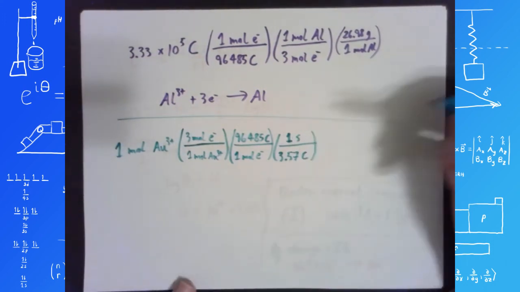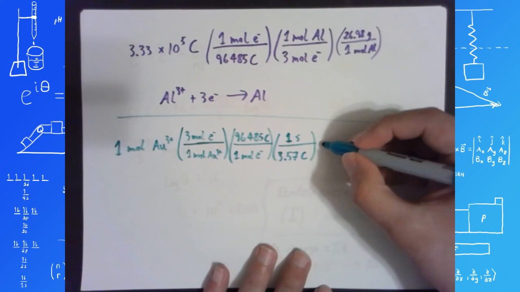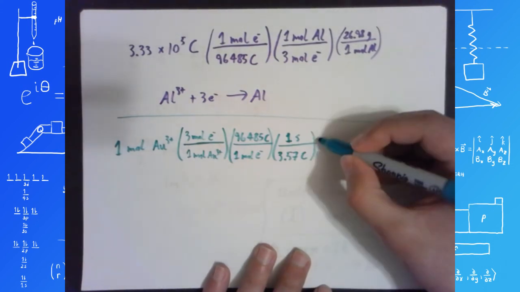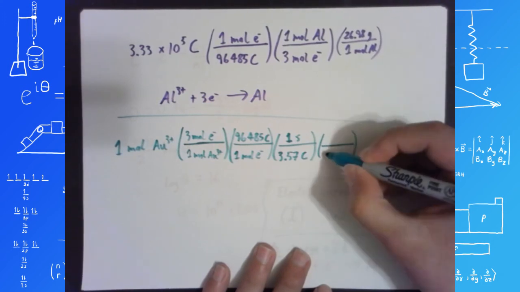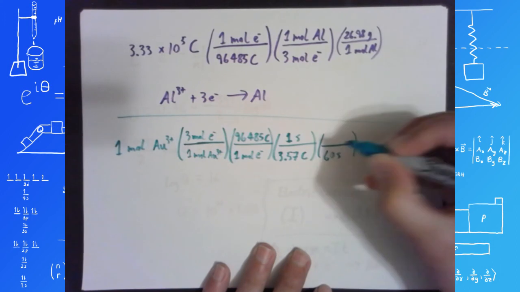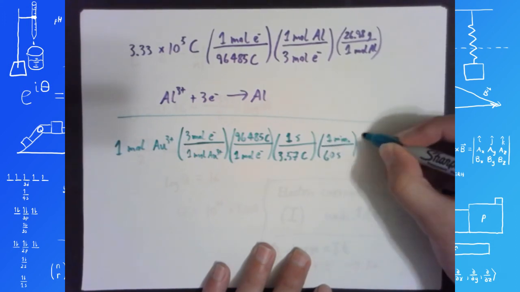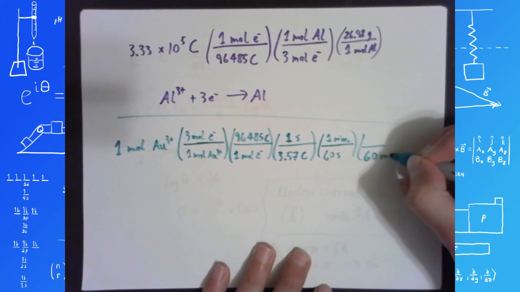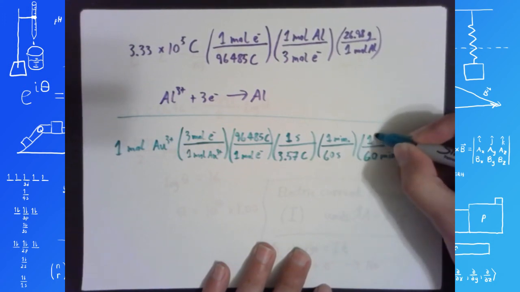Every 1 second you get 3.57 coulombs of charge, so you can calculate the total seconds, and we'll probably need to convert this to minutes or even hours, so let's go ahead and set that up. 60 seconds is 1 minute, and 60 minutes is 1 hour.